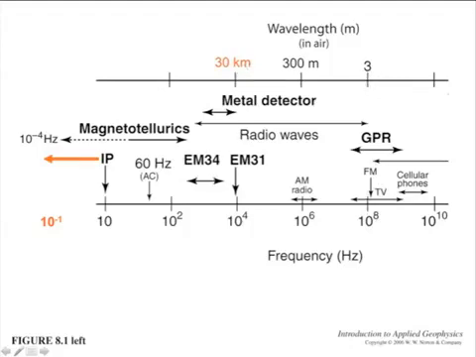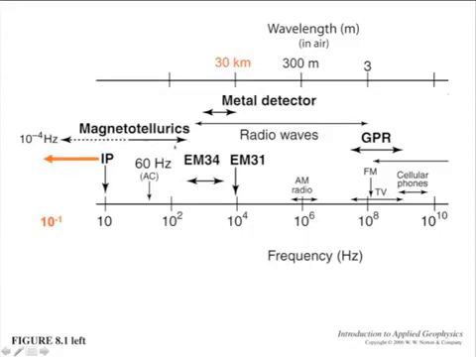Down here, you go up to 30 kilometers wavelength at 10,000 hertz, and 3,000 kilometers wavelength at the frequency of AC power. So we're getting pretty long wavelengths for those low frequency waves.